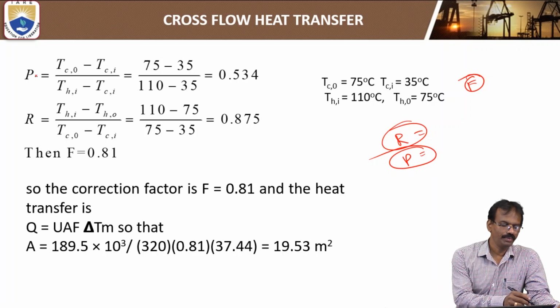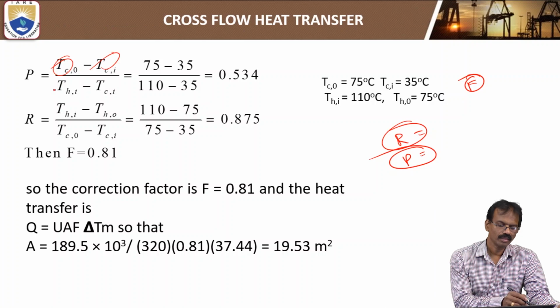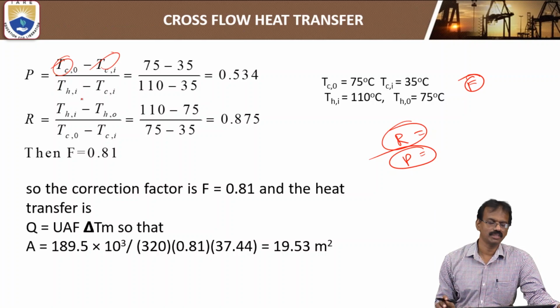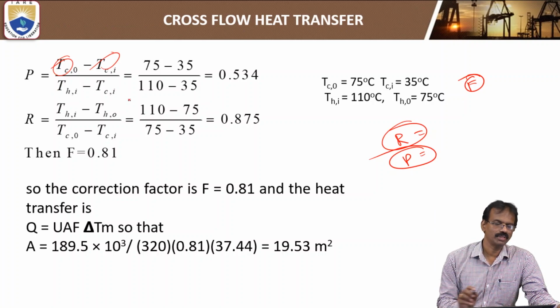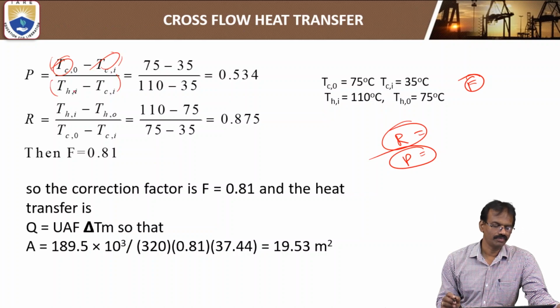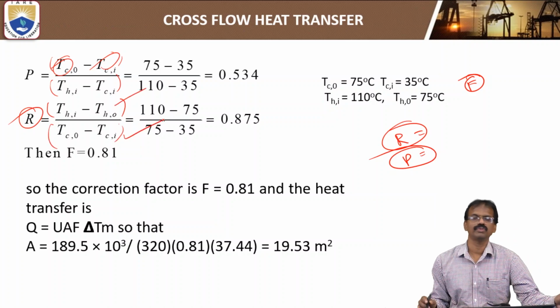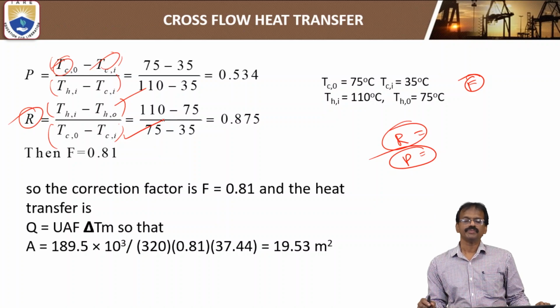So what is P? P is equal to T_c out, cold fluid outlet, minus cold fluid inlet, divided by the inlet temperature difference, hot fluid inlet minus cold fluid inlet. So the cold fluid temperature difference divided by the inlet temperature difference, that is the P value. Similarly, R is the hot fluid temperature difference divided by the cold fluid temperature difference.